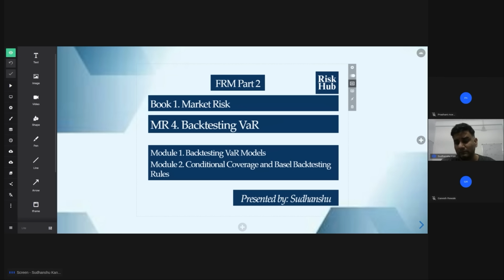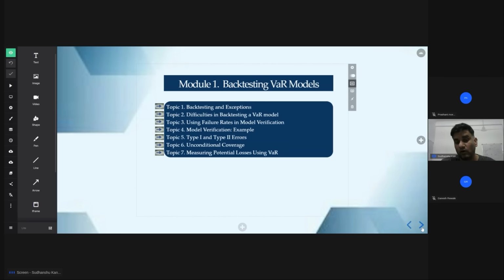Okay. The objective of speaking so much in the initial part is that I want to give you a good overview of what we are going to do, right? So we are going to understand backtesting. We are going to understand exceptions. We will try to understand what exactly is a good model.